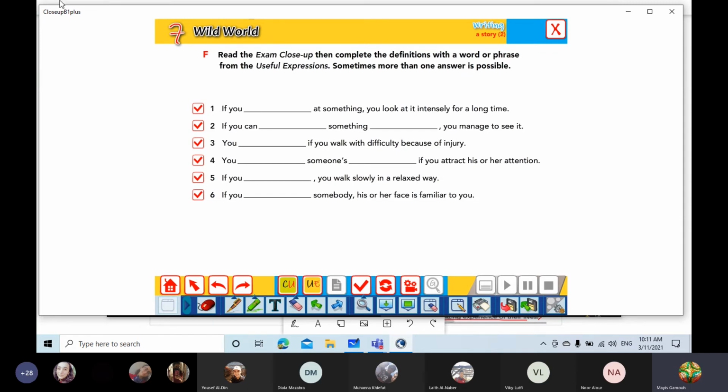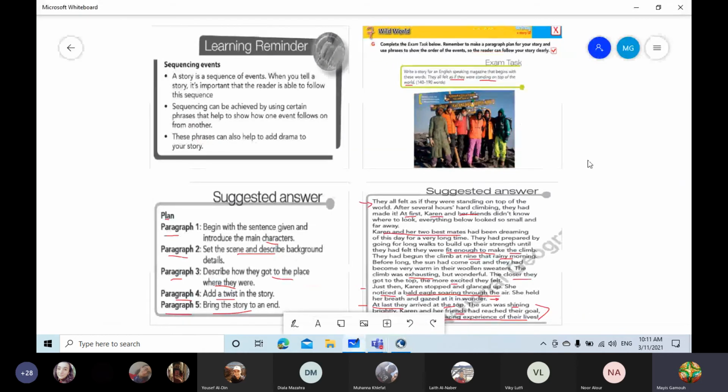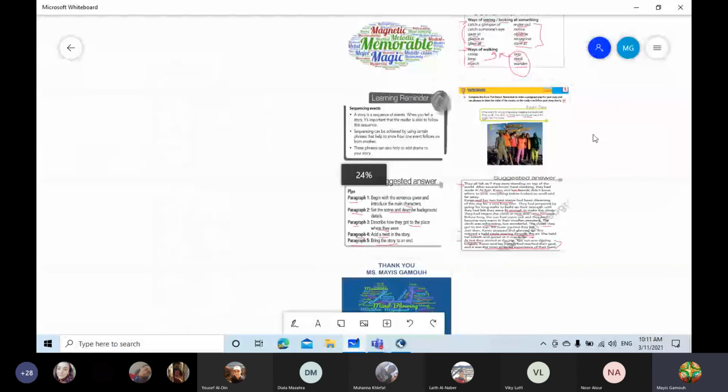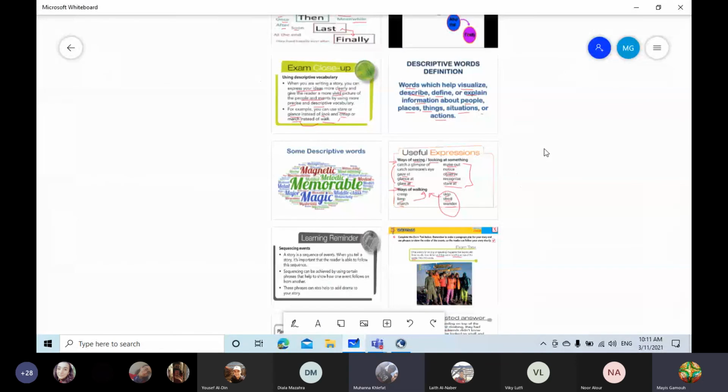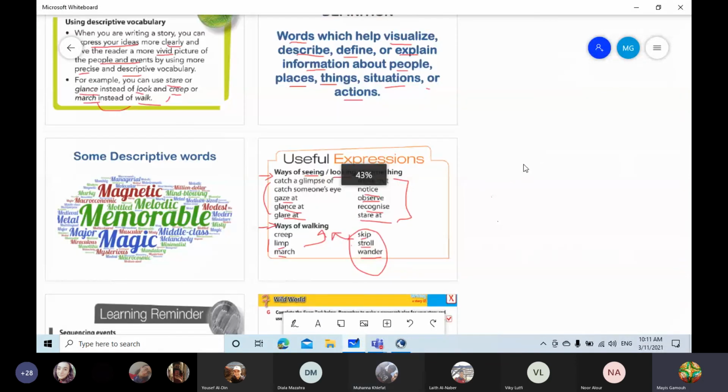So in this exercise you have to use this slide, which is in your books on page 93, the useful expressions. Everybody pay attention, because we are going to use these words regarding the ways of seeing or looking at something or the ways of walking in order to solve our exercise.